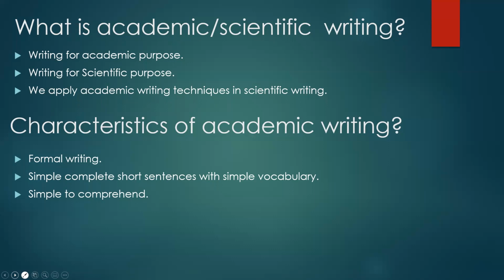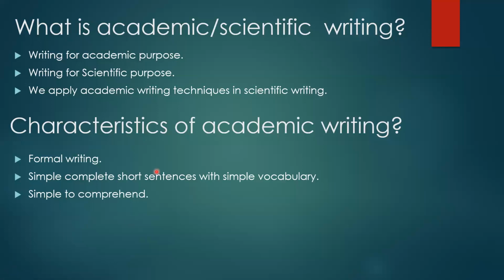Naturally, the two are linked because we need to apply our academic writing techniques in order to write scientifically. So therefore, we are going to see how to apply the academic writing techniques in order to write a piece of document.